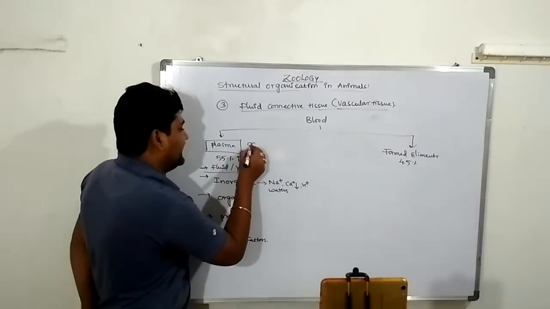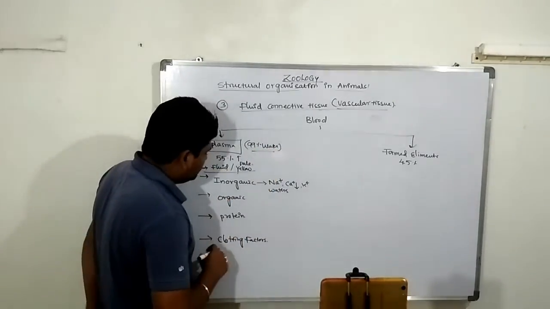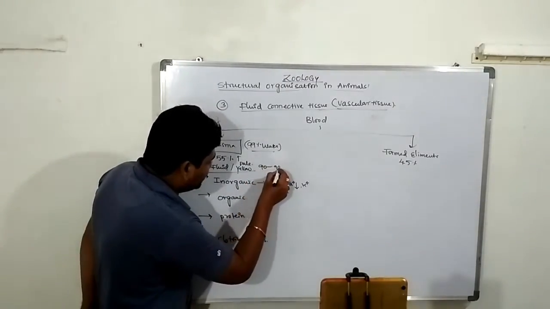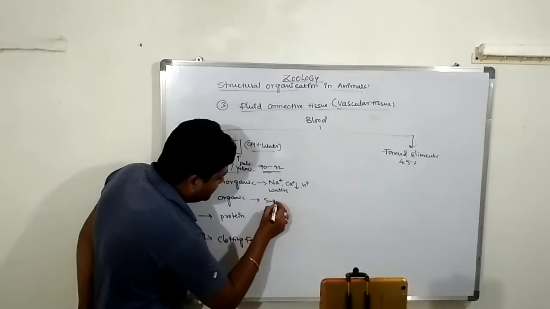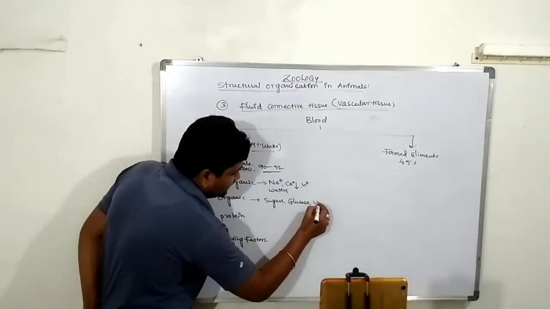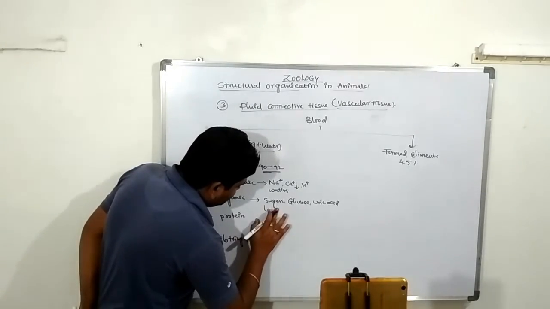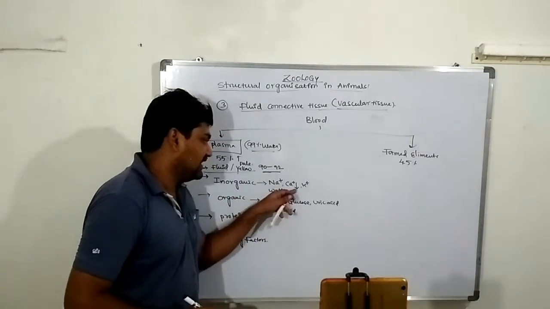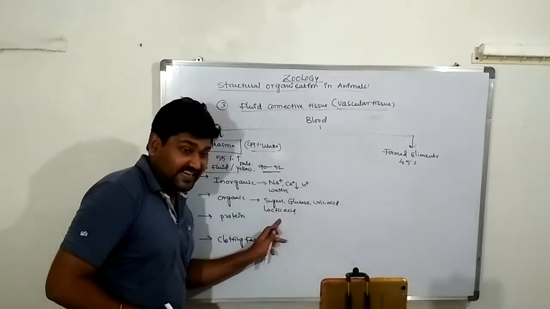Plasma is made up of about 99% water. The organic components are sugar, glucose, which is very important, uric acid, and lactic acid. These are present in plasma.